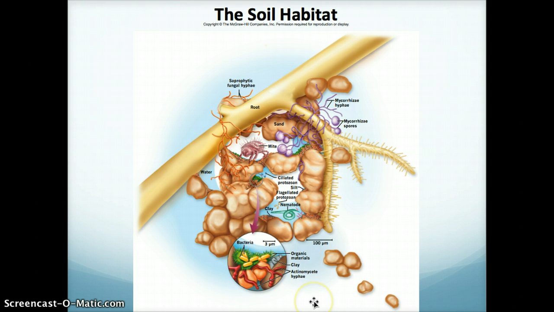We then have bacteria, and it's actually almost in its own little environment with some clay, organic materials, and perhaps some different types of hyphae from different fungi. So this can show you then how amazing the ecosystem can be even at this microscopic level. So that's the soil habitat.